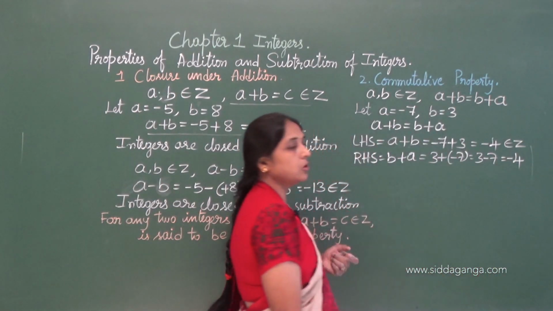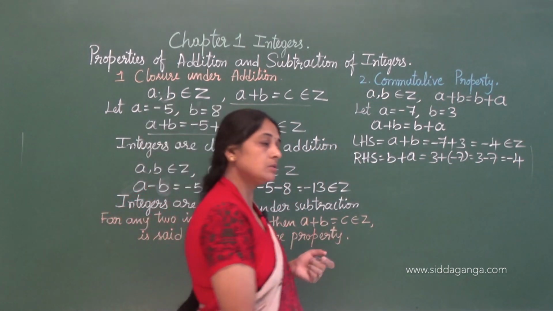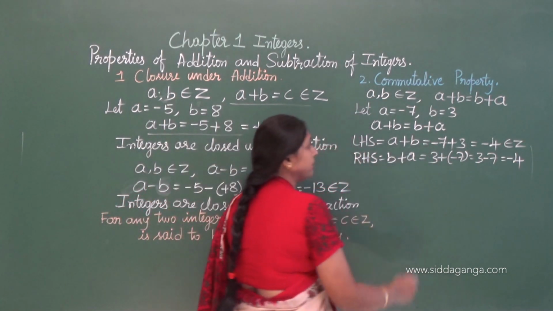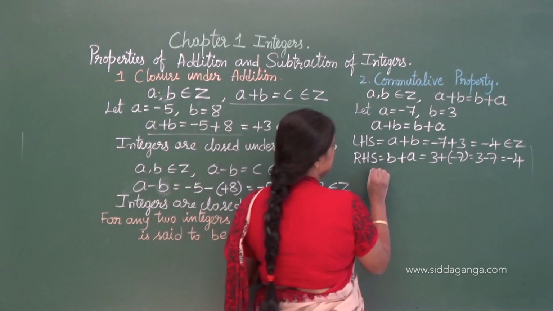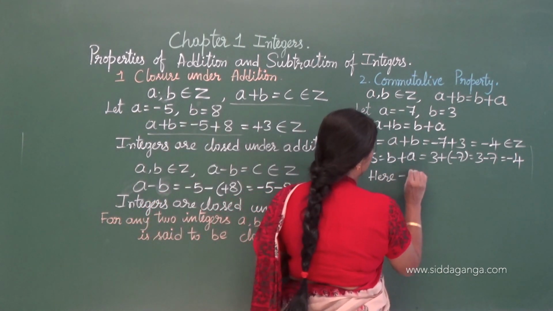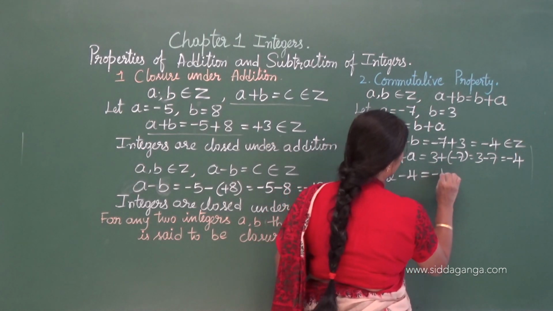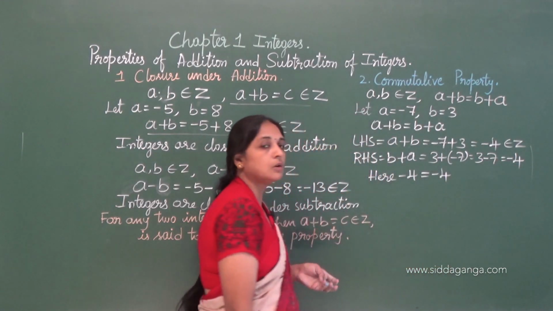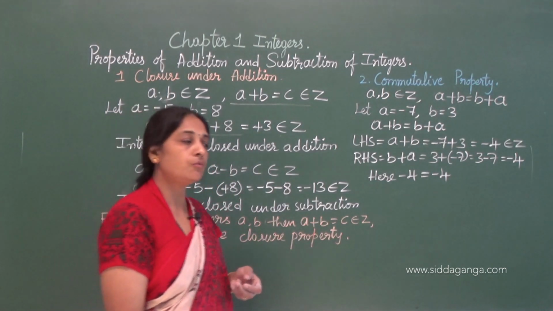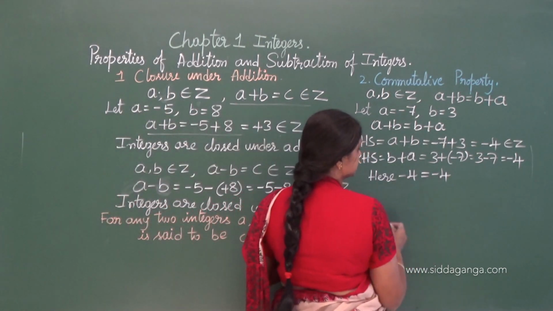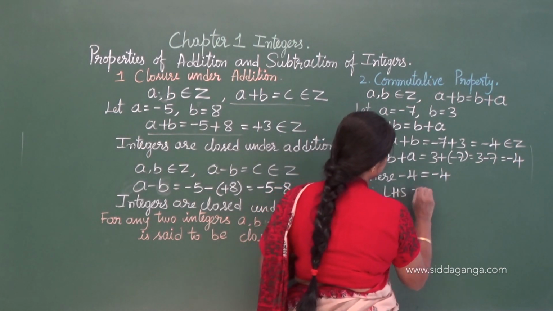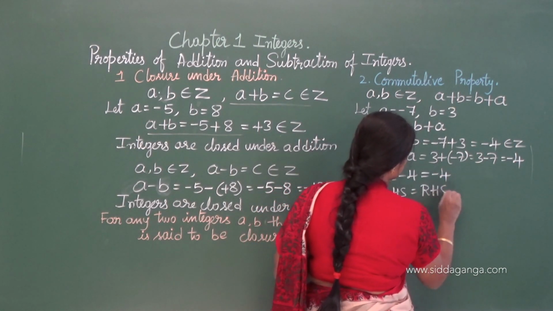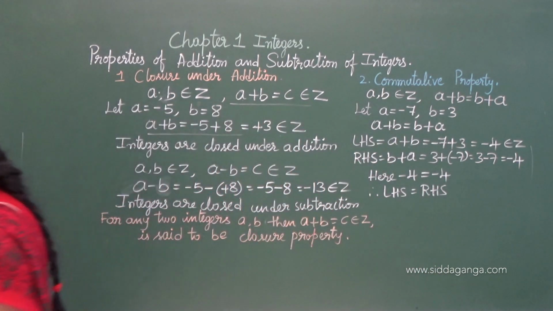Here also it belongs to Z. By comparing LHS and RHS, we can say that minus 4 is equal to minus 4. We got both as minus 4. Therefore, LHS is equal to RHS.